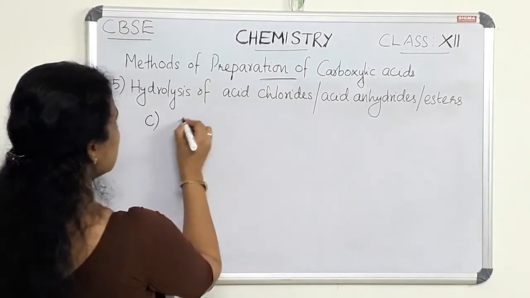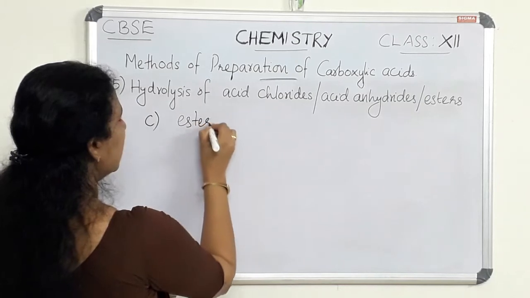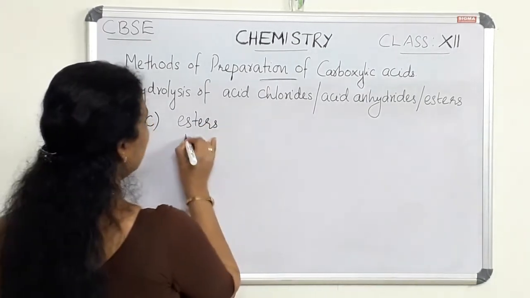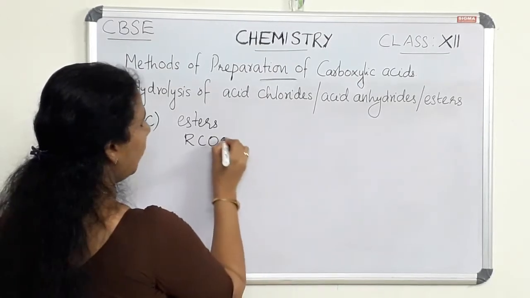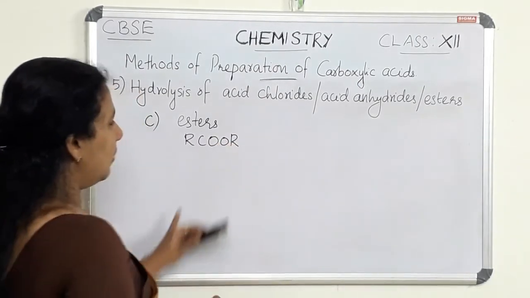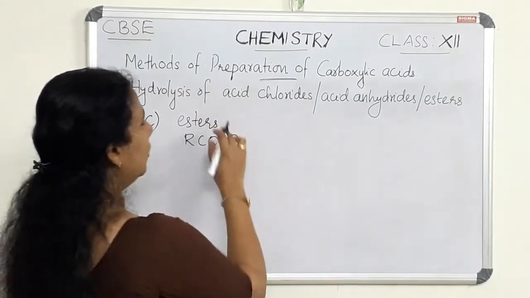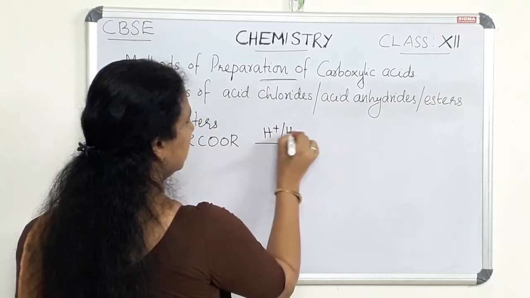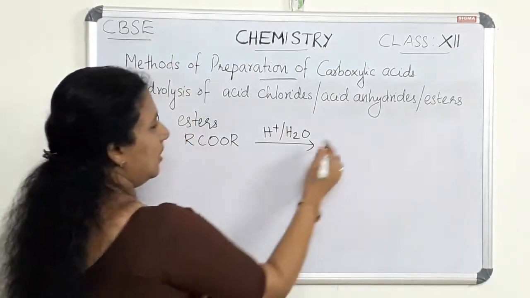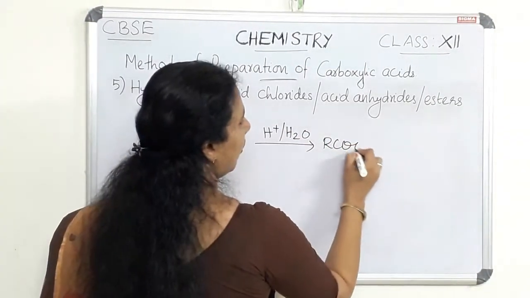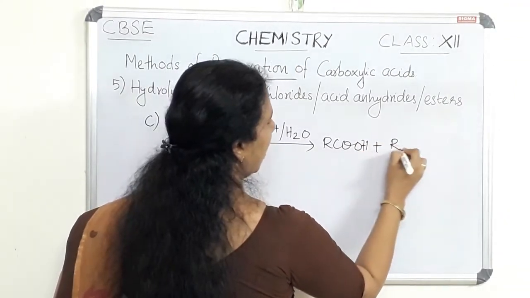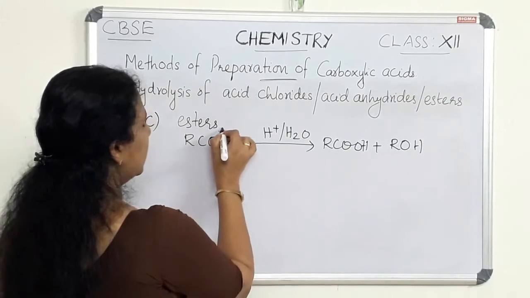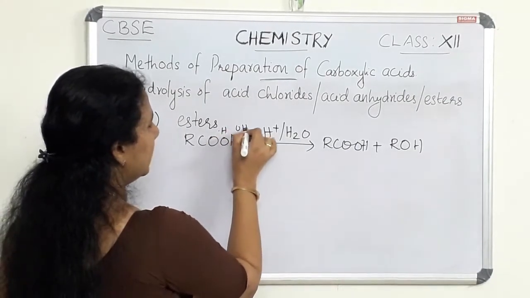Next is esters. So what happens when esters undergo hydrolysis? The general formula of esters is RCOOR. Upon hydrolysis we will get RCOOH plus ROH. That means here H will be attached here, OH will be attached here.